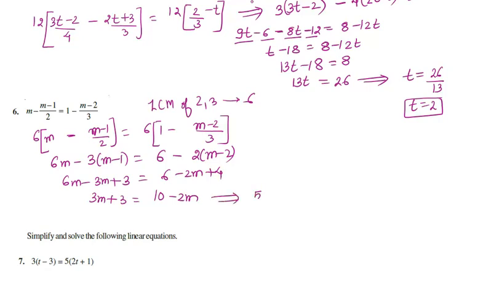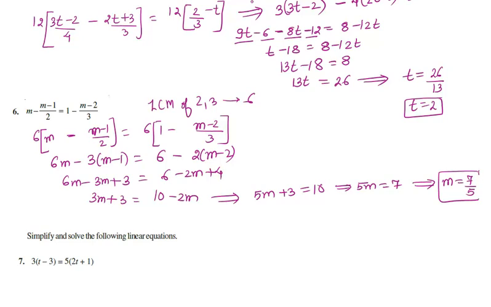So we get 5m plus 3 equals 10. Right? Now let us subtract 3 from both the sides. So we will get 5m equals 7. And then let us divide by 5 on both the sides. So final answer would be m equals 7 over 5.